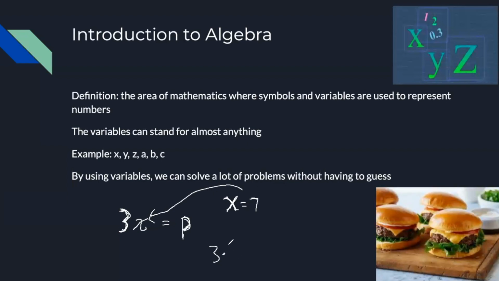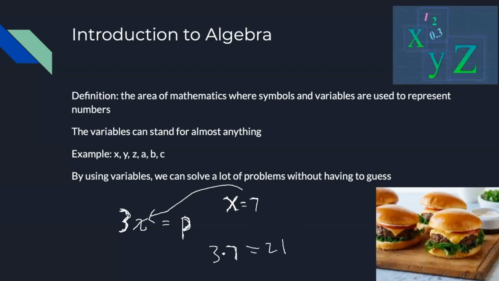So 3 times 7. We use a dot so we don't get confused with variables, right? The x looks very much like a multiplication sign, so instead we'll just use a dot for now.